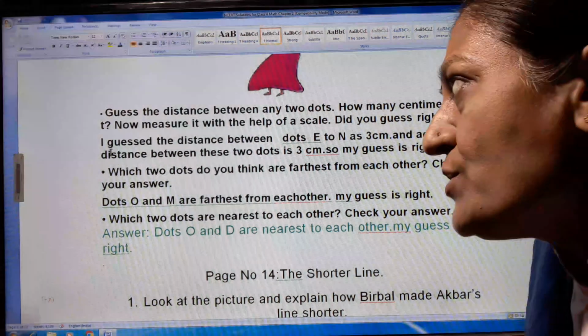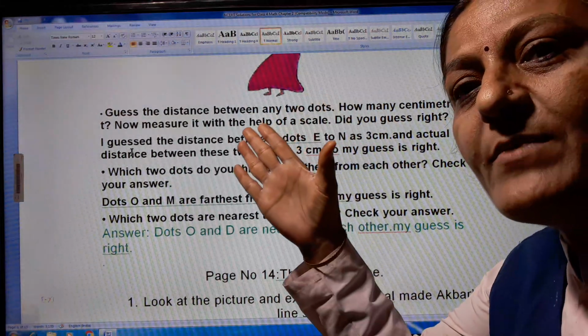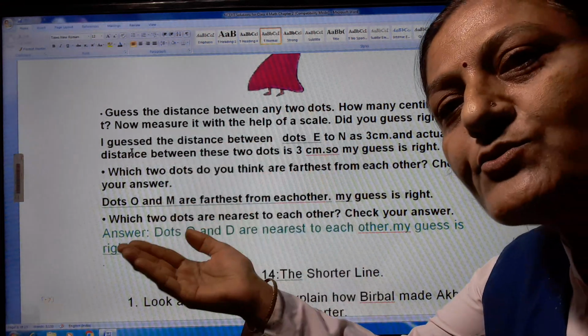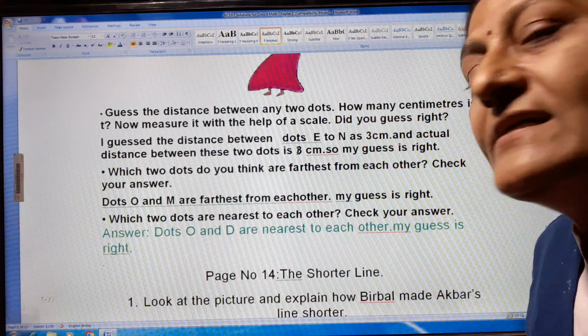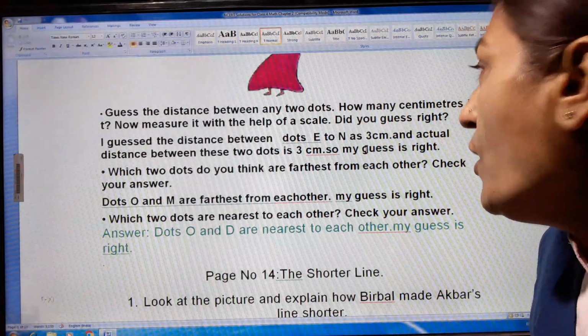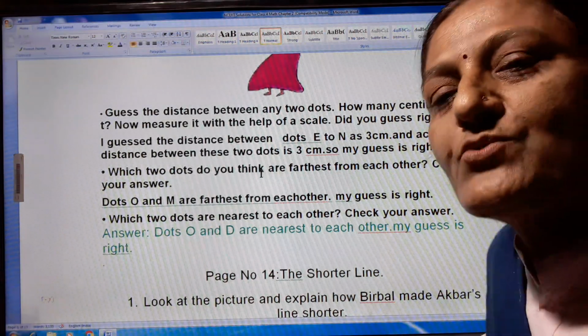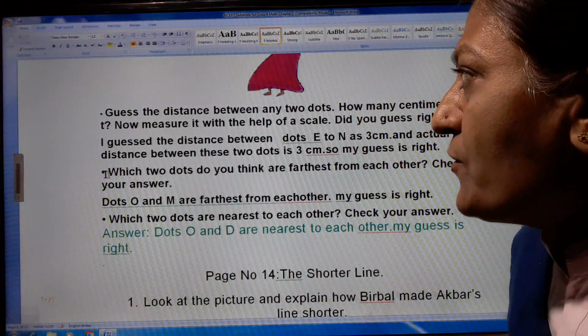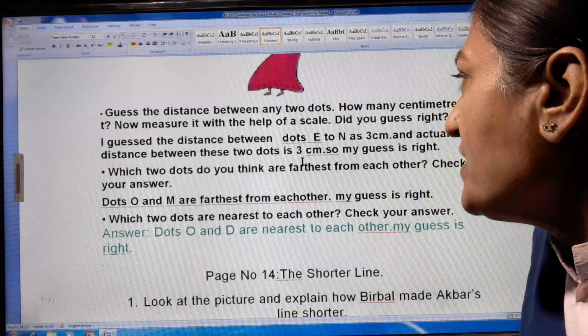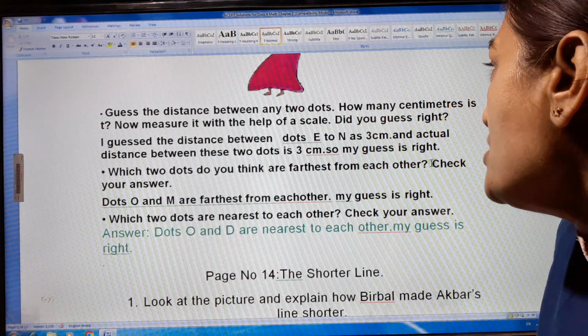And the actual distance when we measure E to N with the scale is also 3 centimeter. So the distance between these two dots is 3 centimeter. So my guess is right. Now the second question: which two dots do you think are farthest from each other?